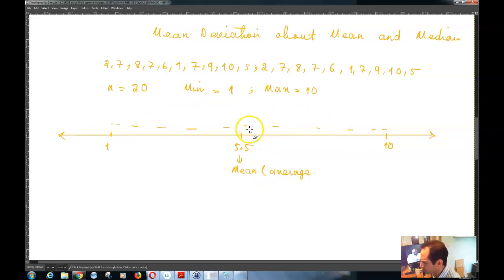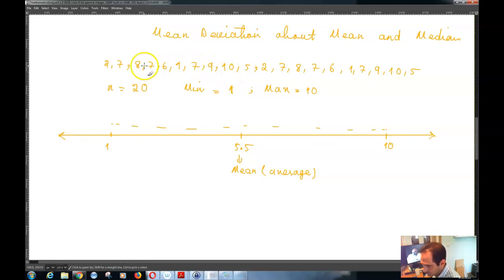Now, you can of course calculate your mean, but the mean or the average of the data is not a good representation of how the data is scattered.